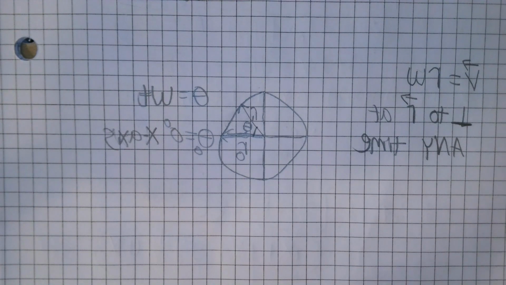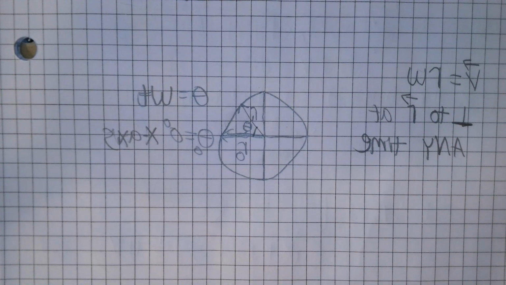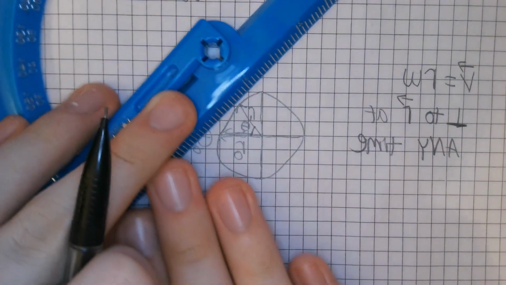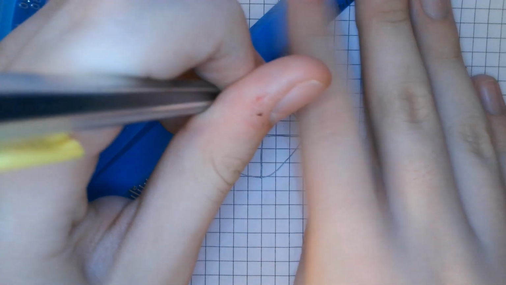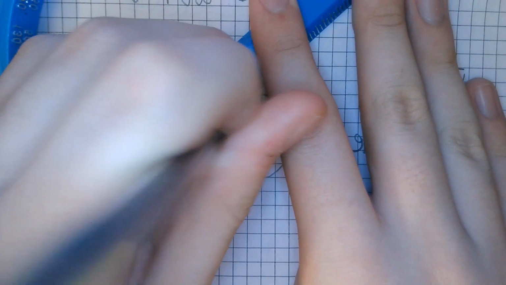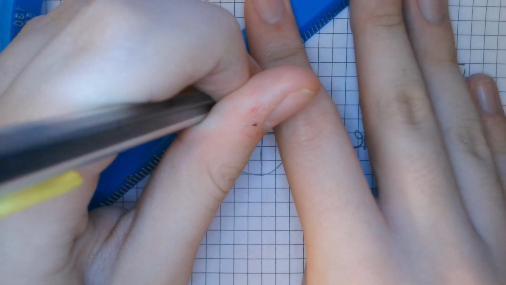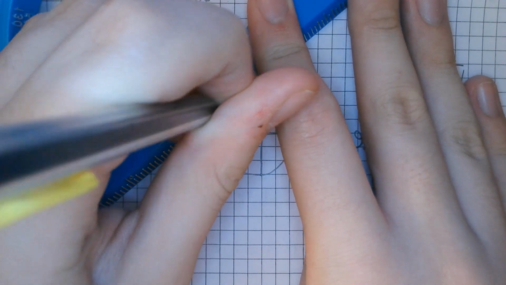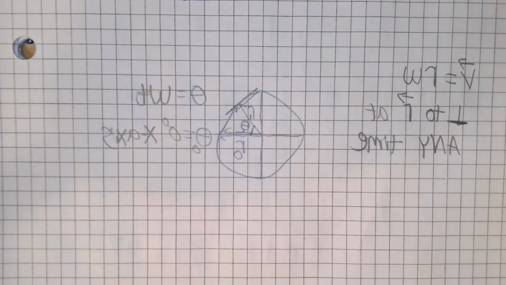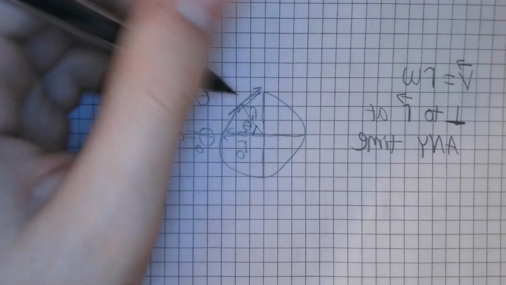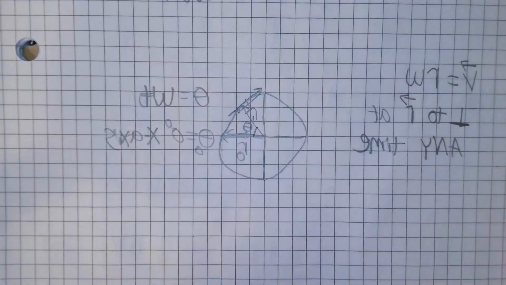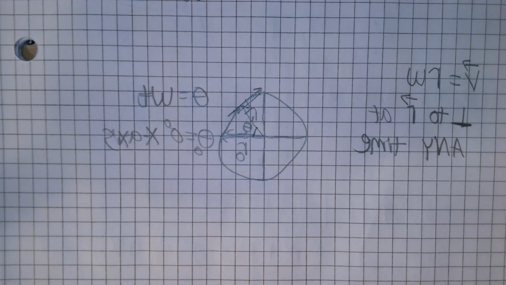So I'm actually going to grab my protractor really quick just to try to make this at a right angle tangential to the circle. There we go. Best I could. Tangential to the circle, right angle with r. Okay.